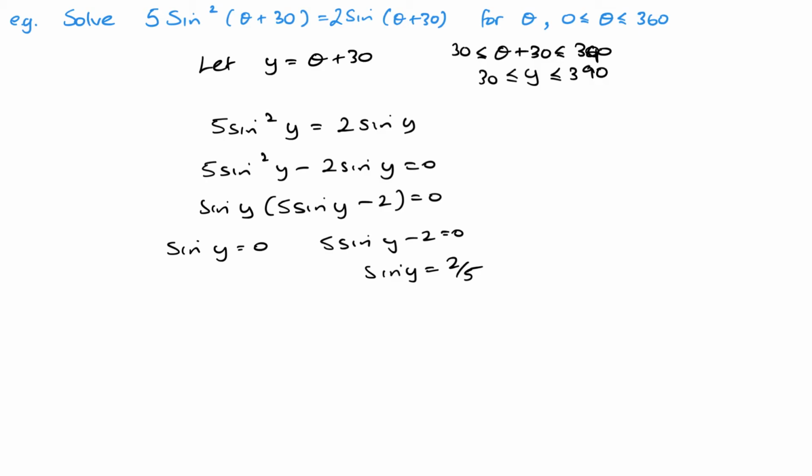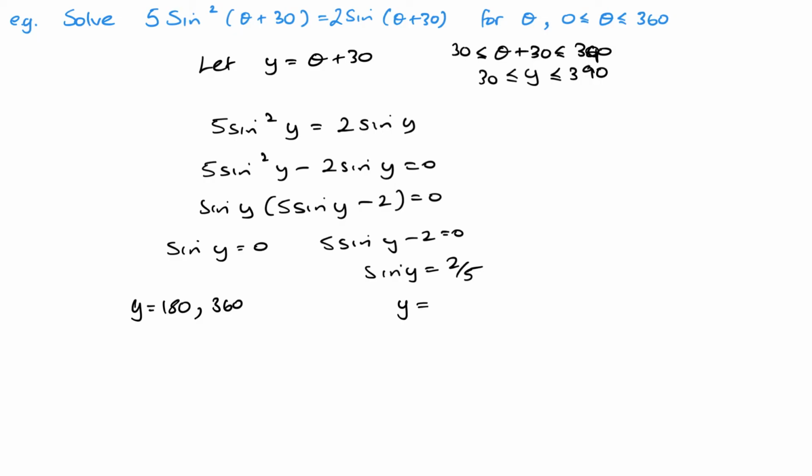So sine y, when is that going to be 0? It's going to happen when y is 0. That's not going to work for us because it's outside of our range. Then it's going to happen at y equals 180 and y equals 360, both of which are within our range.